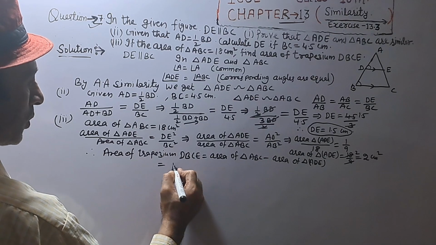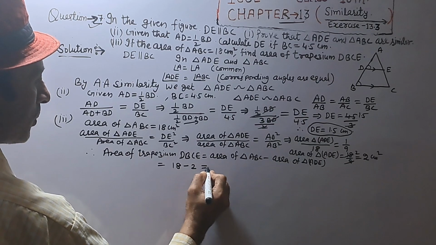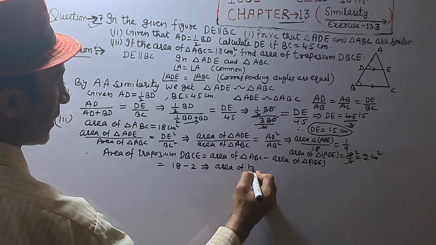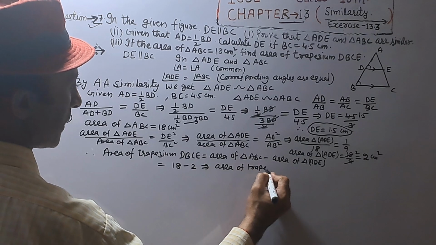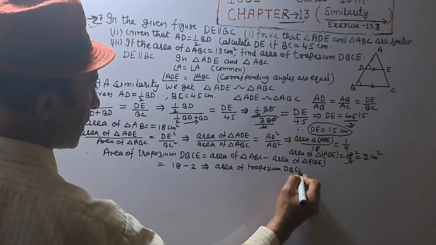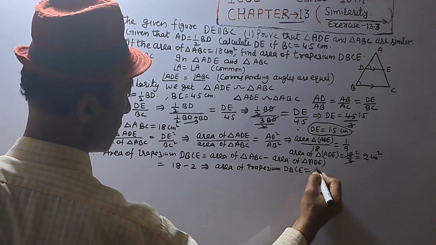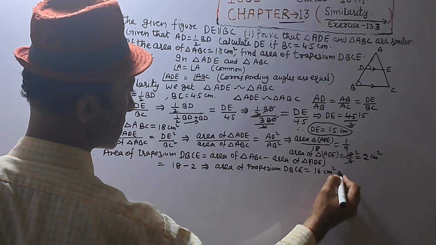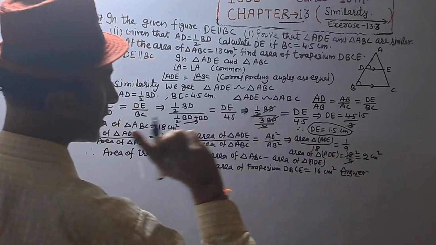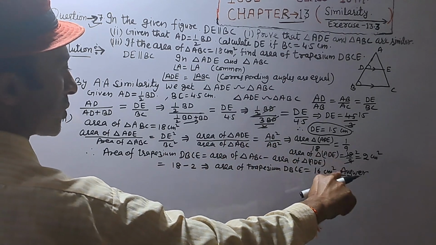That is equal to 18 minus 2, which implies area of trapezium DBCE is equal to 16 centimeter square. Answer: 18 minus 2 is equal to 16 centimeter square.